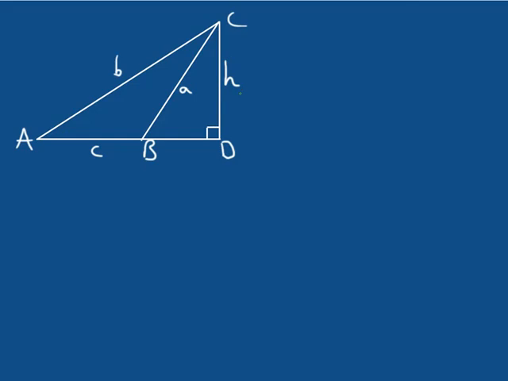So let's pick on our large triangle first, our ACD triangle, and apply trigonometry to find H. Again, we saw that sine of an angle is equal to the opposite over the hypotenuse.